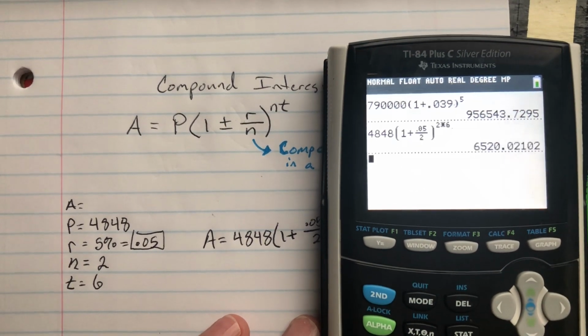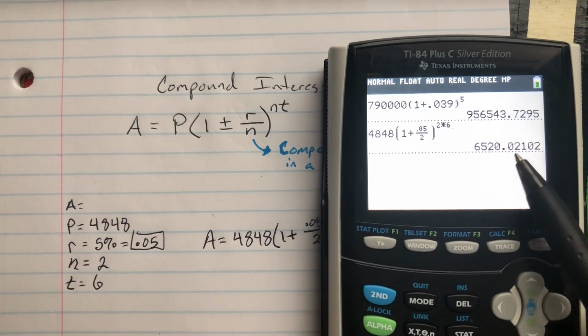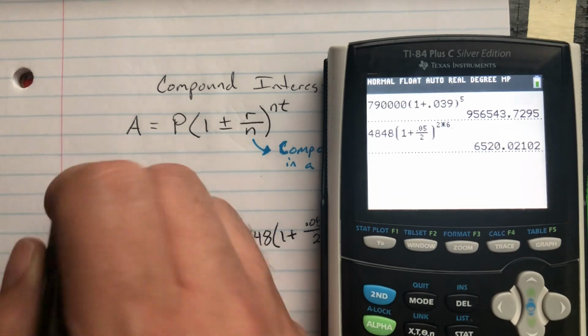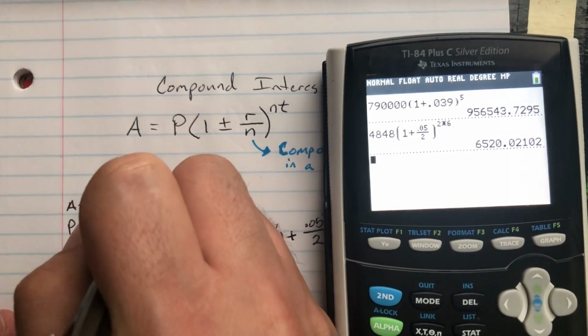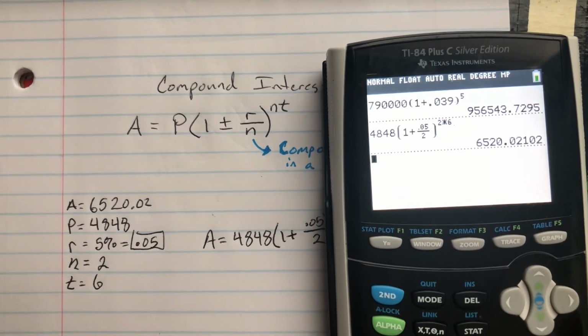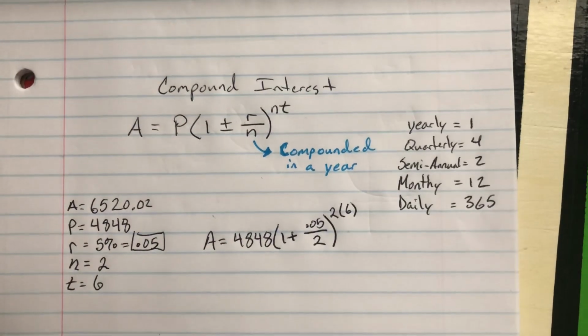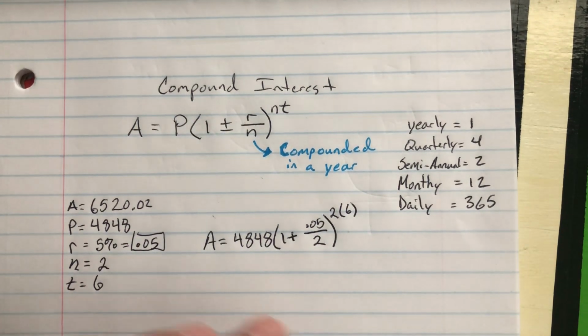Then I just hit enter, and there is my answer. Since it's money, I will calculate to 2 decimal places. So this is 6,520.02. So that's compound interest. It'll tell you it's compounded a certain amount of times.